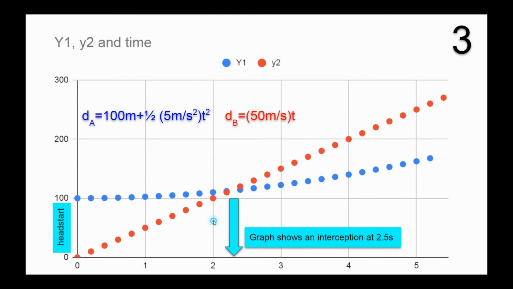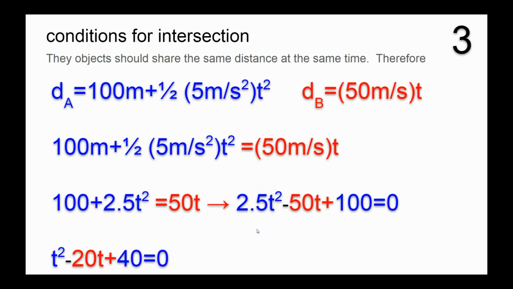Okay, so we have an interception there, and the question is there going to be another intercept? By examining the shape of the graph in that formula, do you think car A is eventually going to win? Well, let's see. The condition for an intersection or an interception is that the 2 meet at the same point in space.